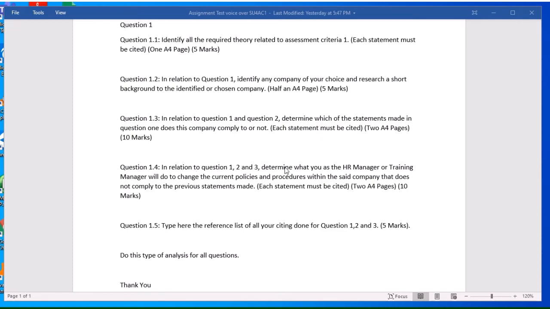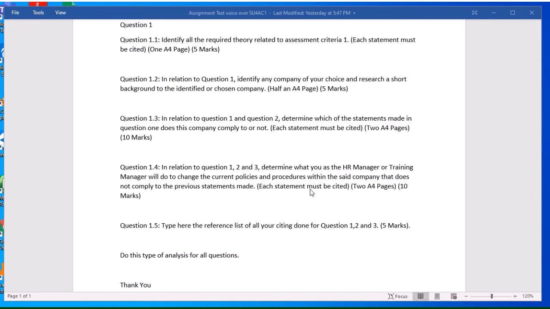Question 1.4, in relation to question 1, 2, and 3, you must now determine what you will do to change this specific need in the organization to comply to that theory in the research that you have done. So again, very easy.